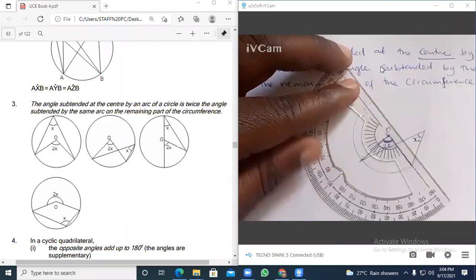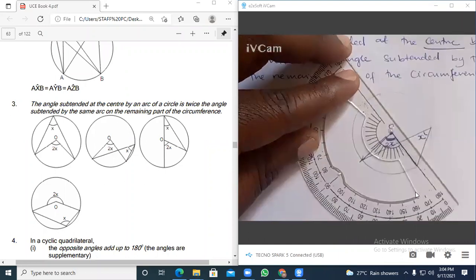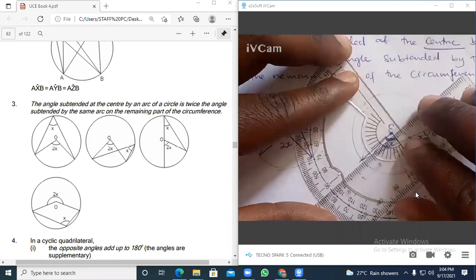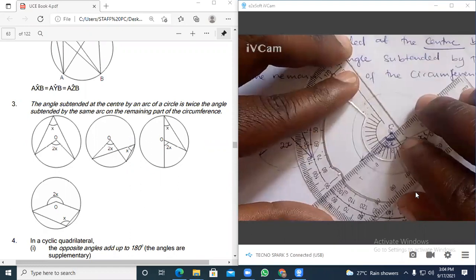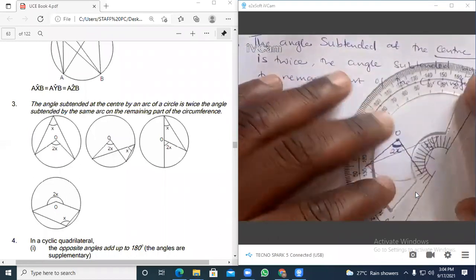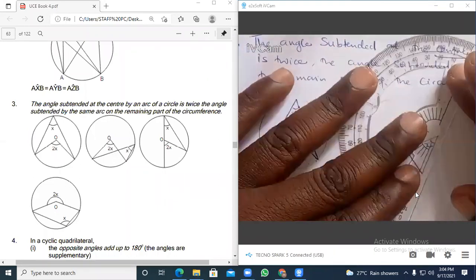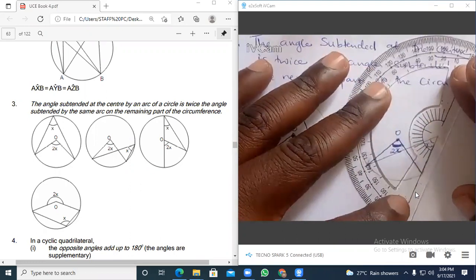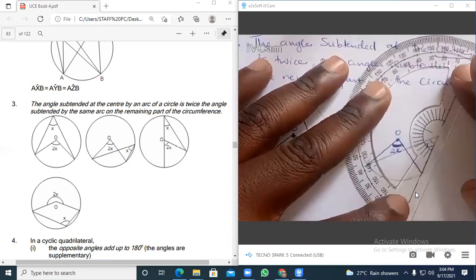Are you able to see? Something like 88. The angle is 88. What is this angle which is here? Let me put the protractor here. I don't know whether my drawings were correct, but you can see this one is also around 44, isn't it?